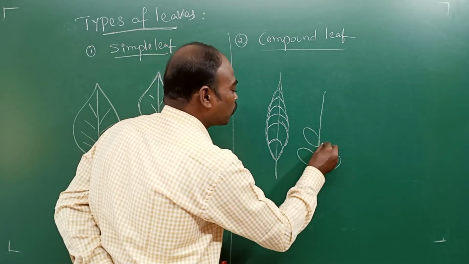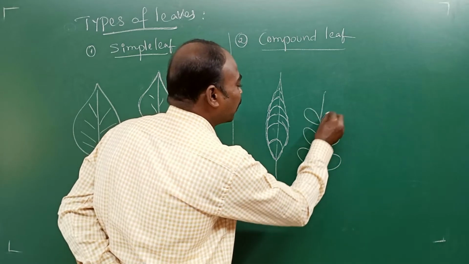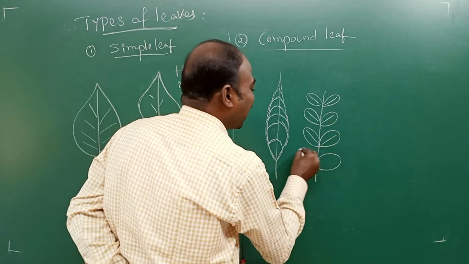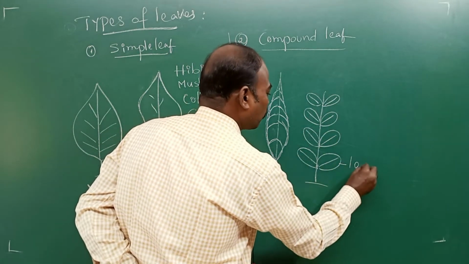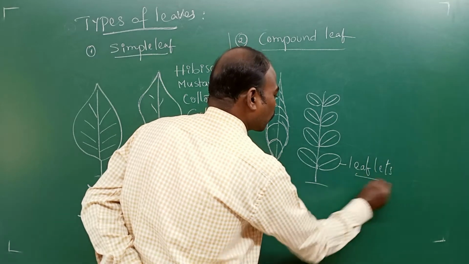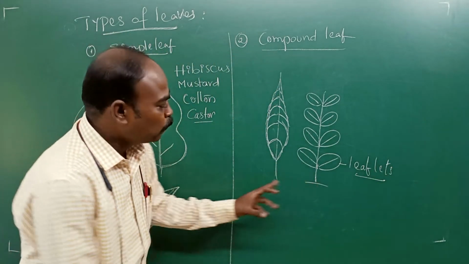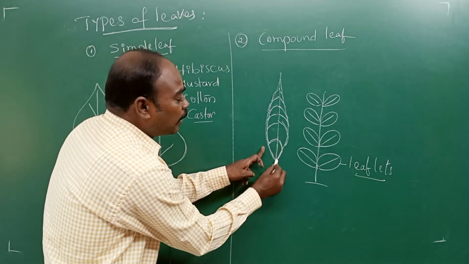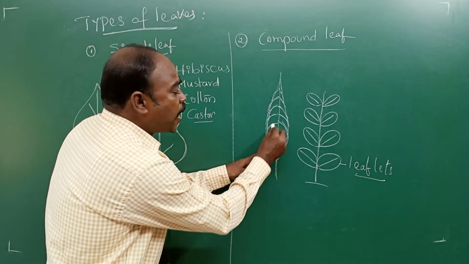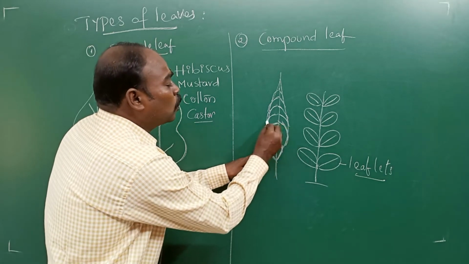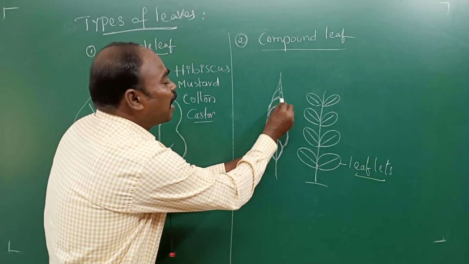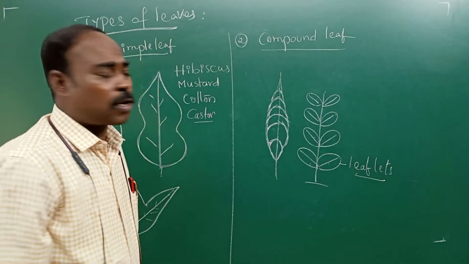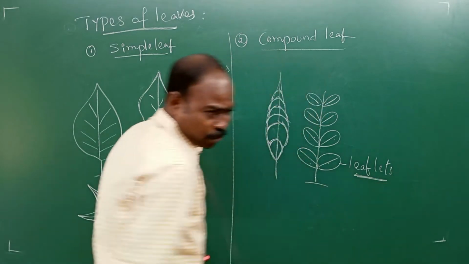These smaller bits are called leaflets. In the simple leaf, the margins get infolded, the incisions cut up to the midrib, and the total leaf is cut into smaller bits. Those smaller bits are called leaflets.